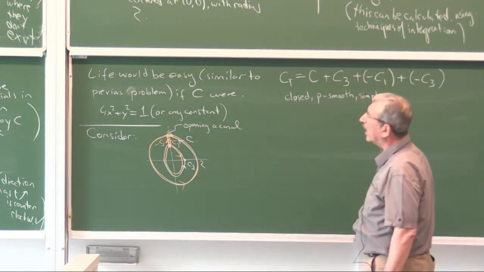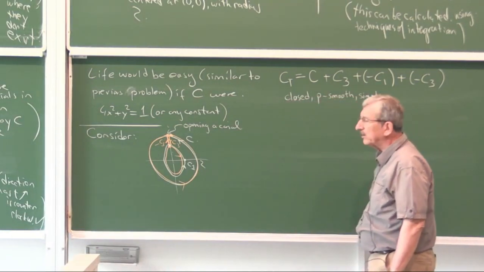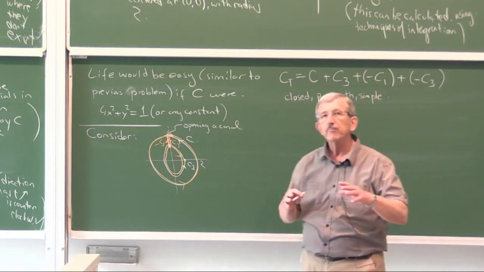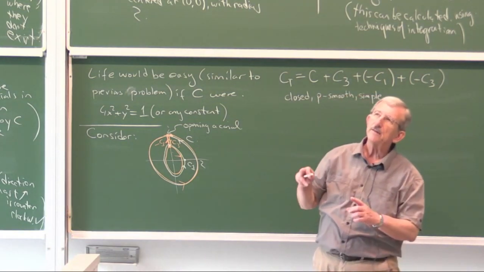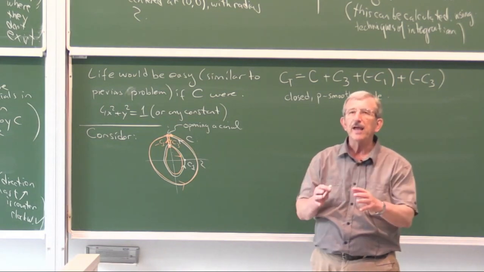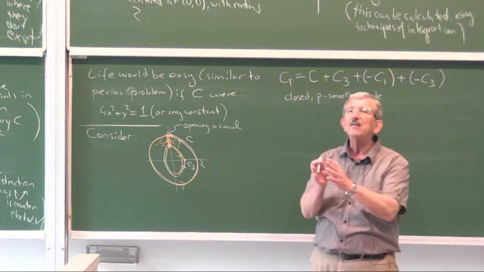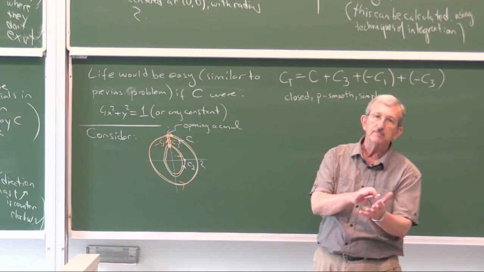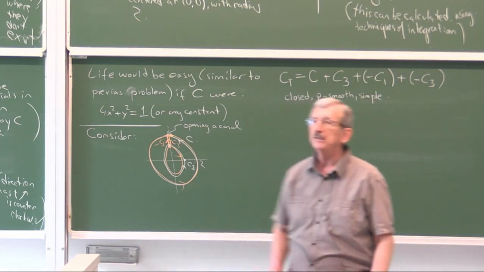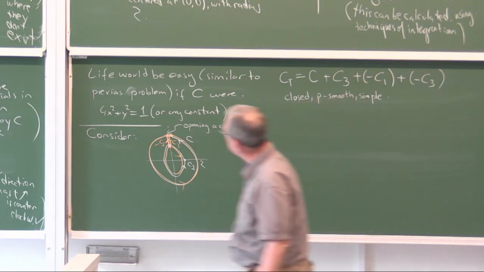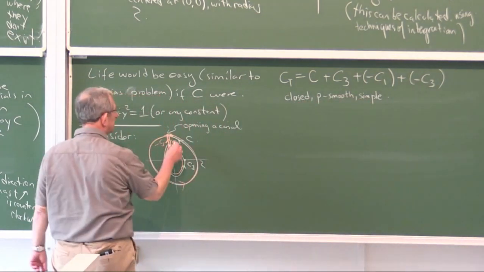Now, what else do I have? Well, remember in Green's theorem, C must be oriented counterclockwise. That means the region enclosed by C is on the left of C. Well, the region enclosed by C on the left of C is precisely this one.